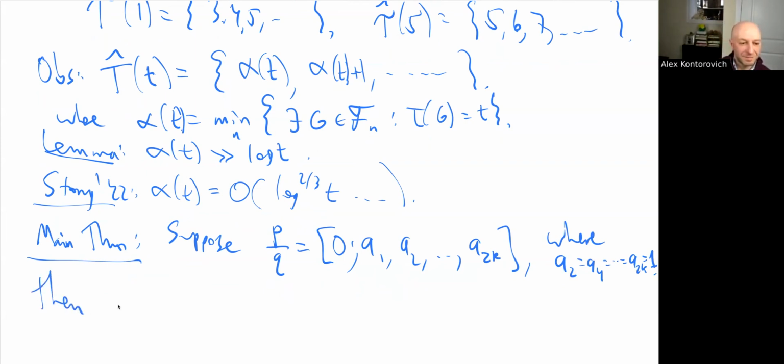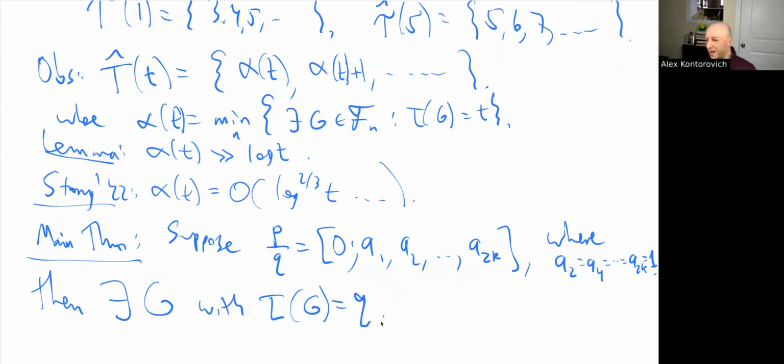Then there exists a graph with tau of the graph being exactly q, this denominator, such that the number of vertices of the graph is less than log q.